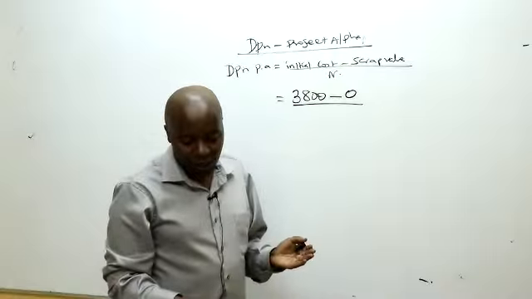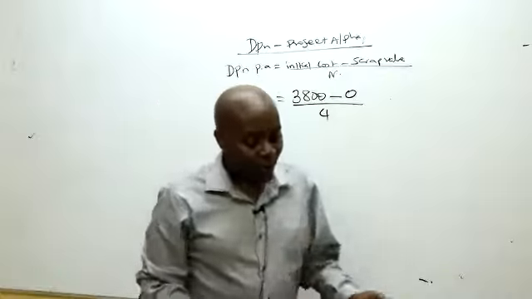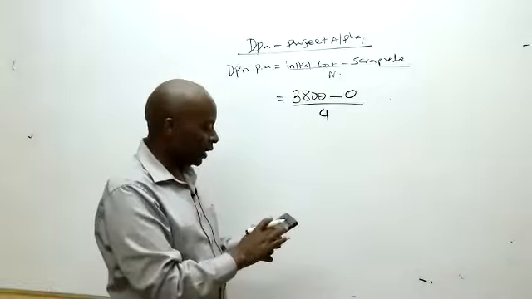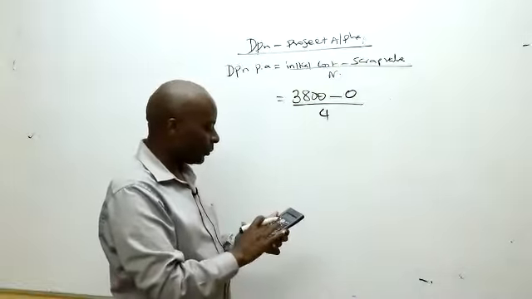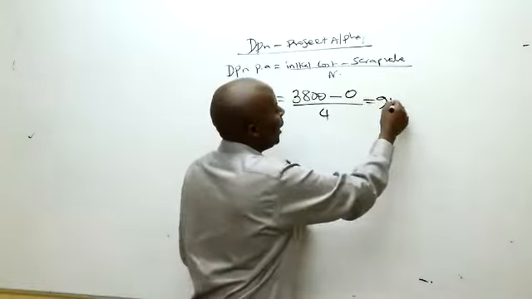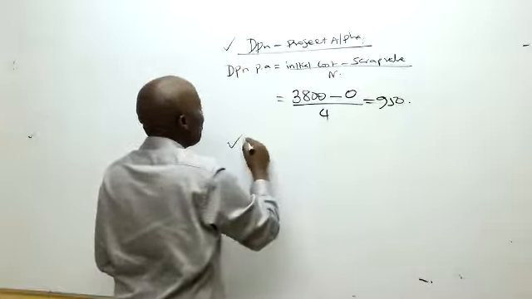Project Alpha's lifespan is 4 years. So 3,800 divided by 4, giving us 950.